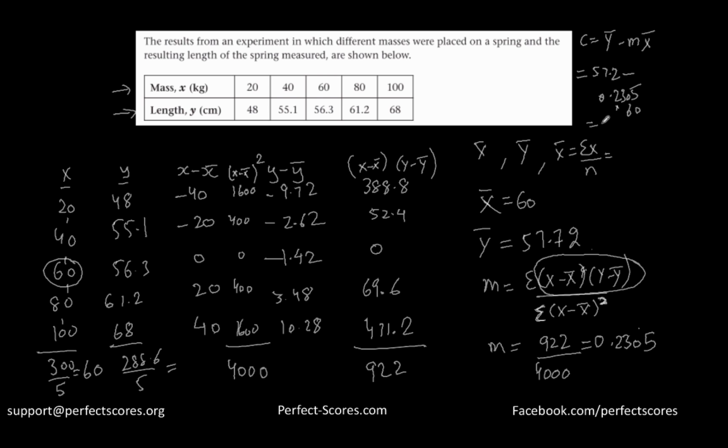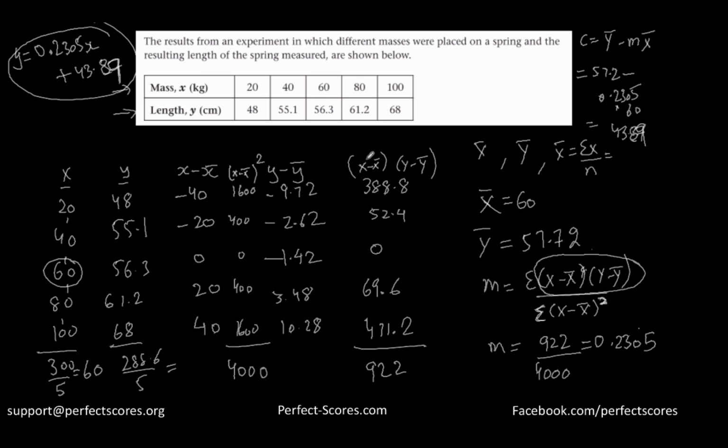So the value of c is going to be 0.2305 into 60, and then I subtract that from 57.72. I get 43.37. So the regression equation is y is equal to m, which is this, x plus c. It's a small change here. This is actually 43.89. My bad. This is 43.89. Fine. So this over here is my answer.